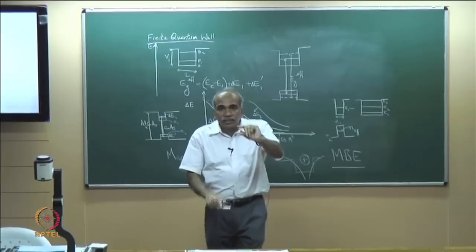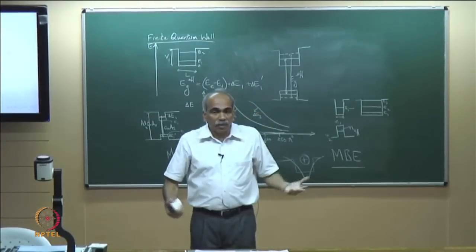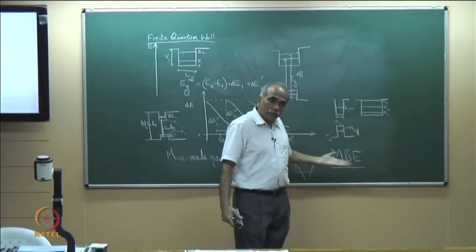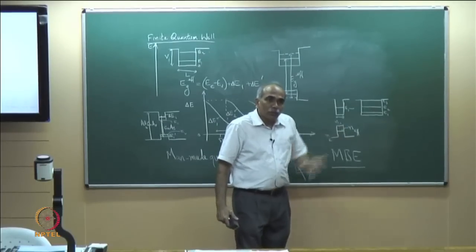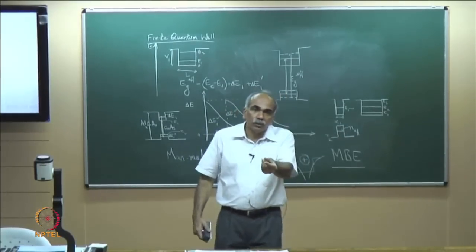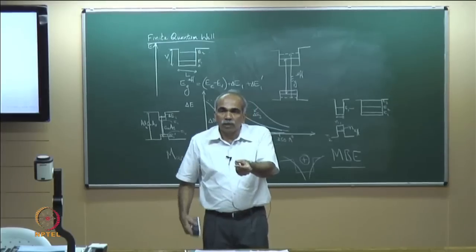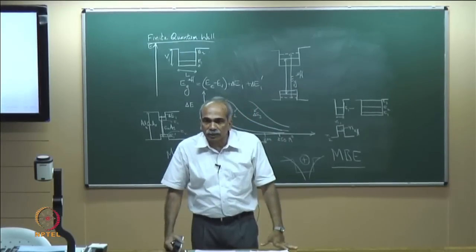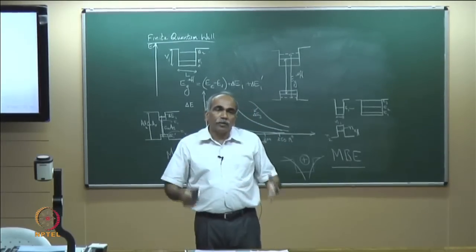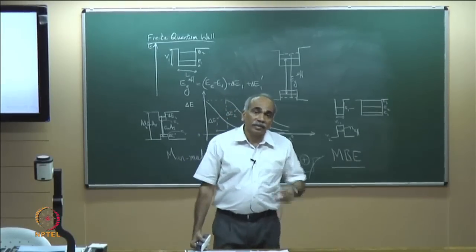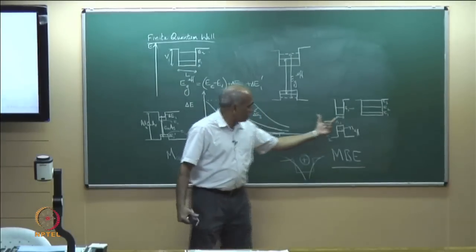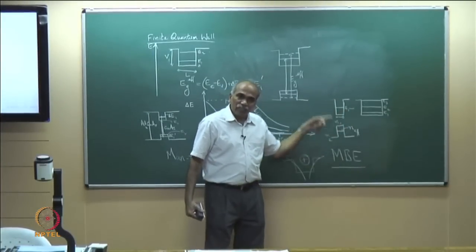But controlling the thickness of the layer is very easy, because in the MBE technique, for example, today you can grow layer by layer, monolayer by monolayer. So you can control thickness to one monolayer, which is 3 to 5 angstrom thick. That kind of precise control is available in fabrication.